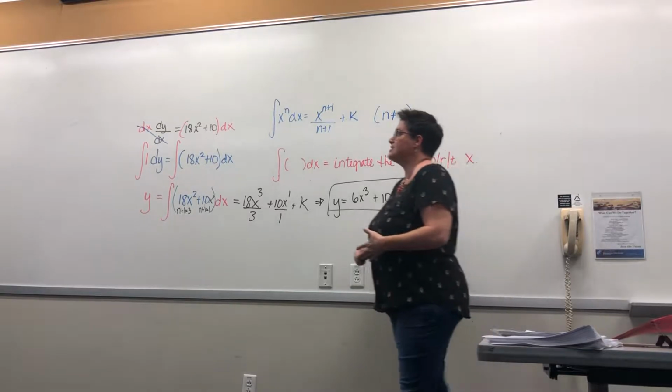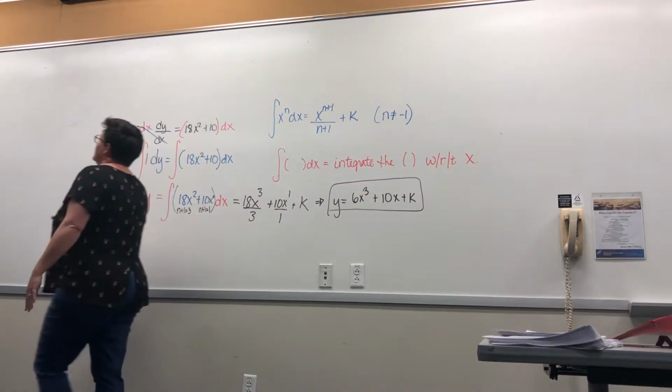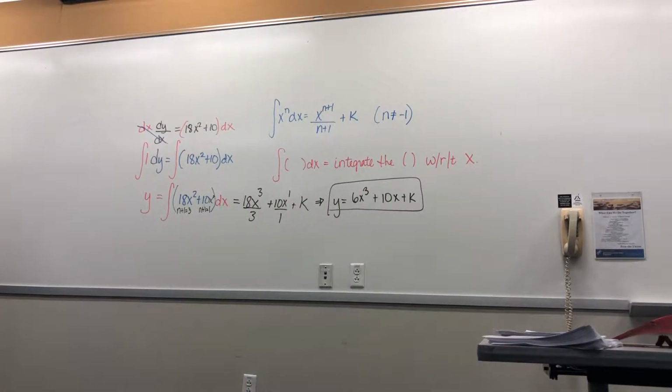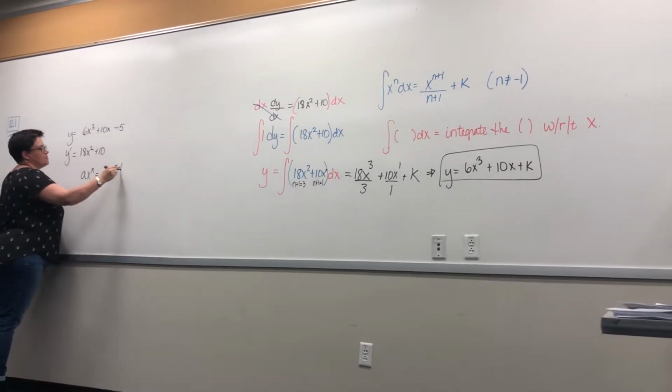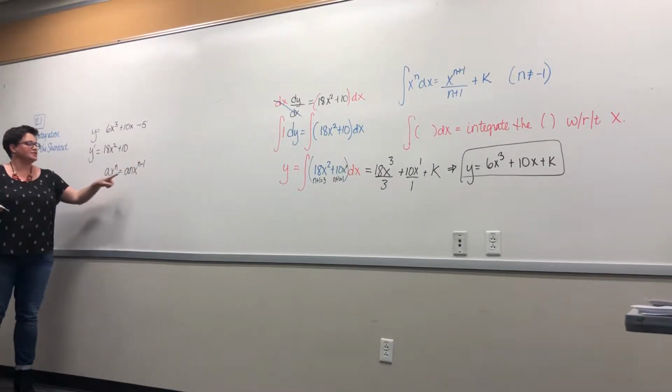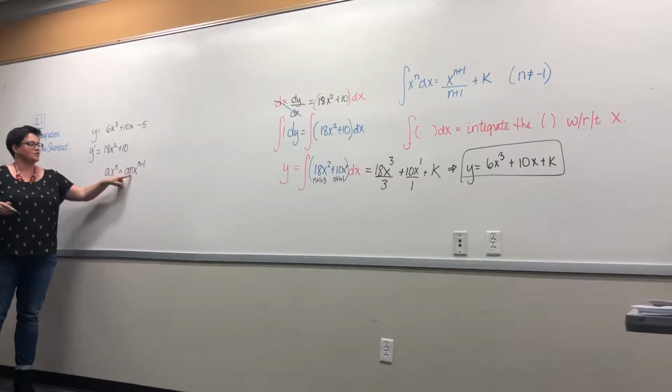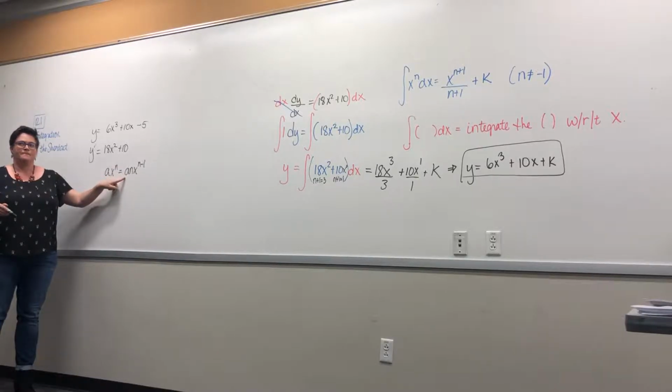Now, let me talk to you guys about why this system works. The mechanics of taking the derivative were ax to the n becomes anx to the n minus 1. So what did we do here? A and n get multiplied.